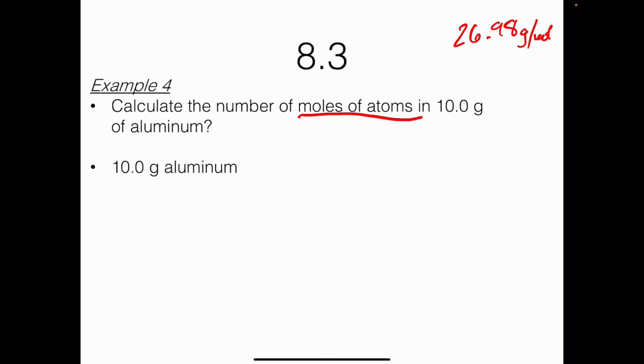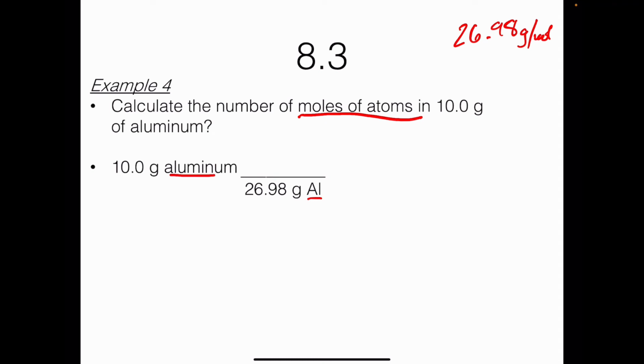So I'm going to start with 10 grams of aluminum. I'm going to draw my line. I know grams of aluminum have to go on the bottom because grams of aluminum have to cancel out. Notice I switched here between writing the name and writing the symbol. As you're converting, the symbol makes it a little bit easier and cleans up the writing in each of your individual conversion factors.